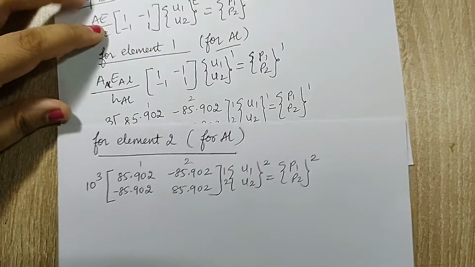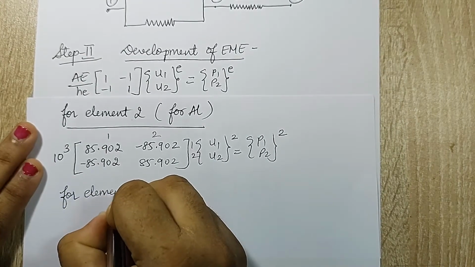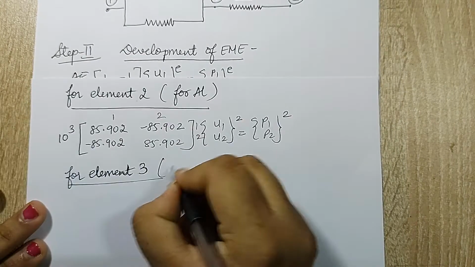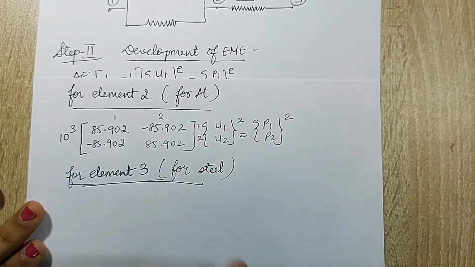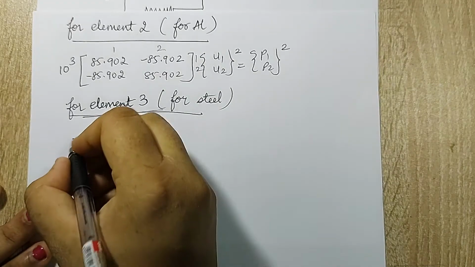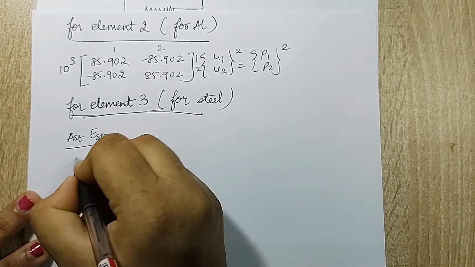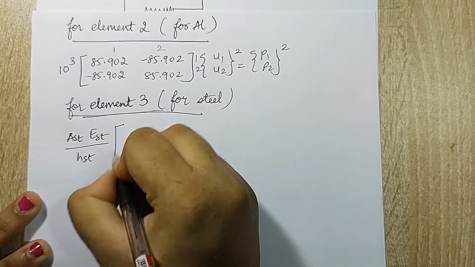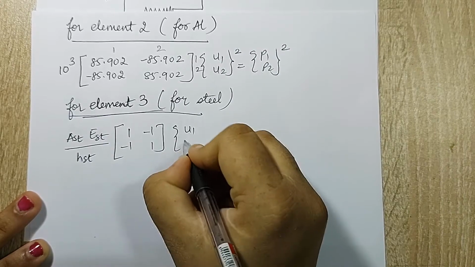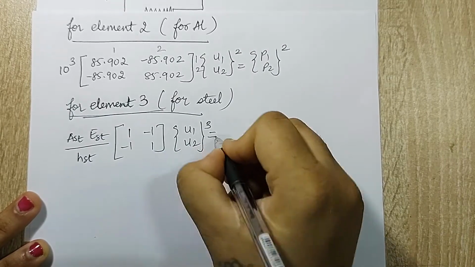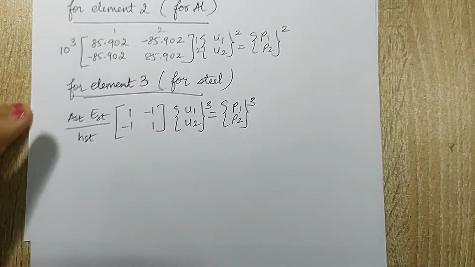Next I'll solve for element 3. I'll write down for steel. So here I'll have AE upon HE, with the matrix 1 minus 1 minus 1 1, U1, U2 raised to 3 is equal to P1, P2 raised to 3.